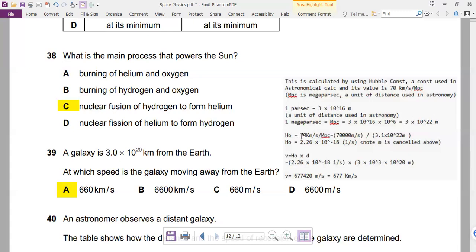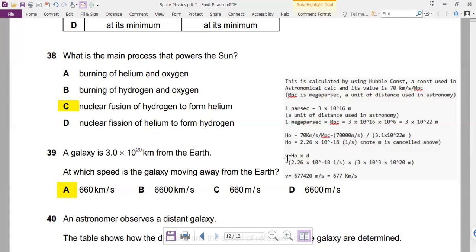Now come to Hubble's constant and convert it. Divide the 70 with this number and you should get this number as Hubble's constant. Carefully read its unit. It is 1 over second. Now come to the actual formula for speed calculation.